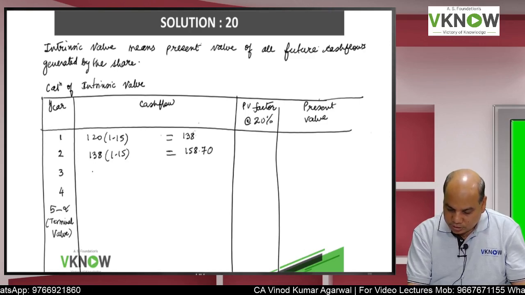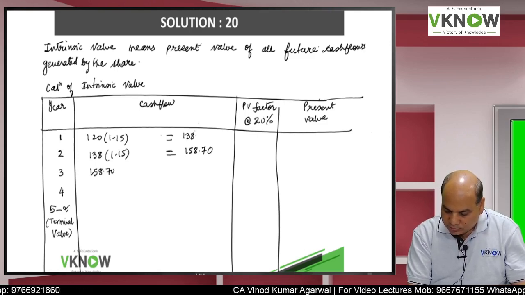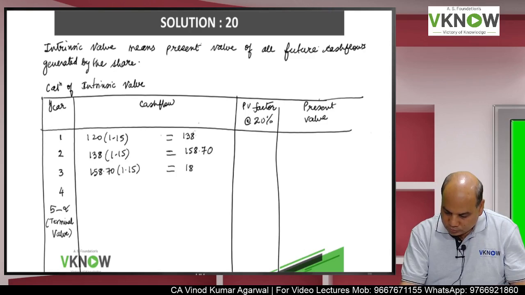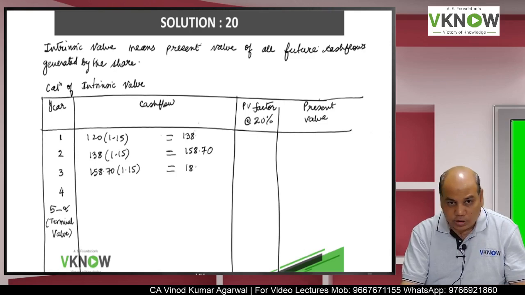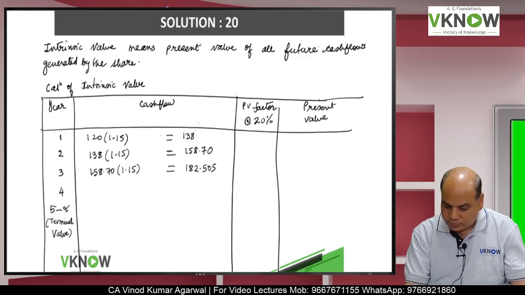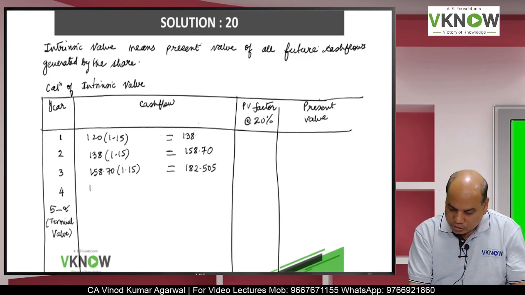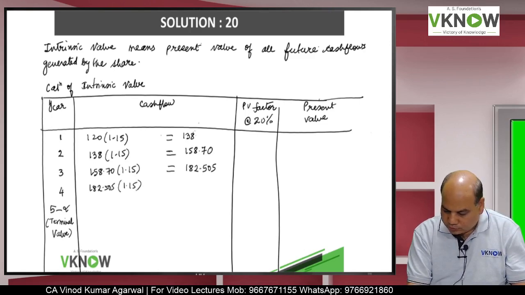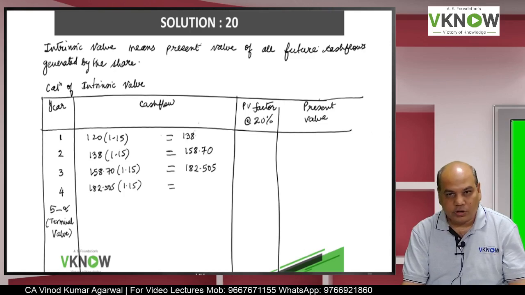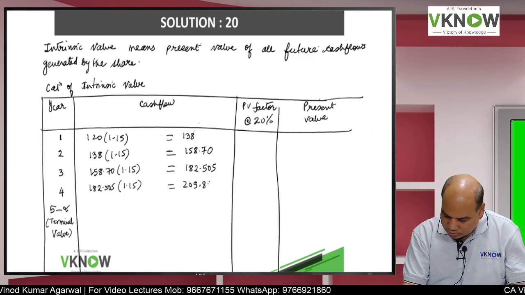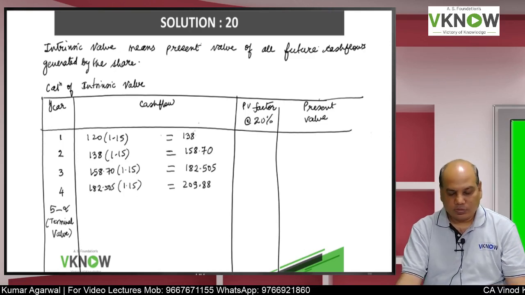Then 158.70 will grow at the rate of 15% in the next year: 182.505. And then take 182.505 into 1.15. So this will be the dividend of the fourth year: 209.88.